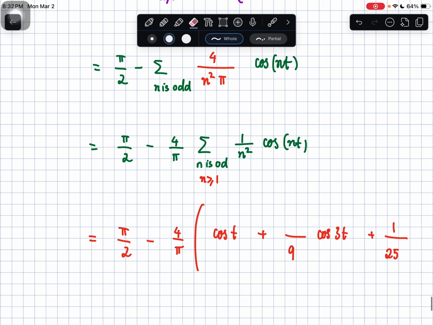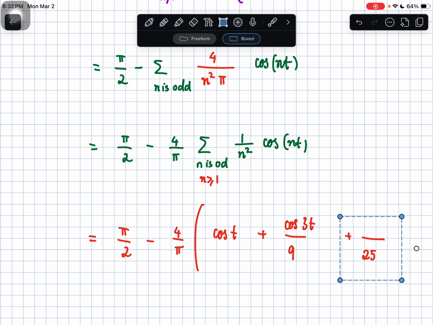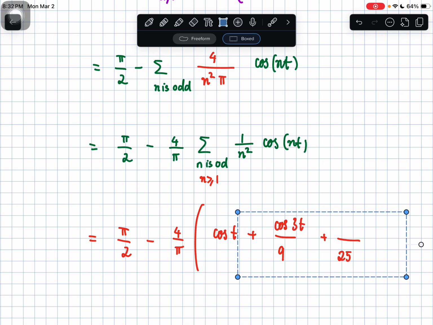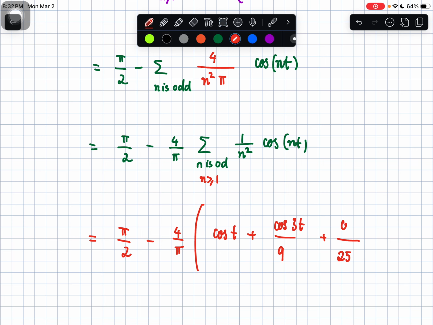To save space, I put it on top. 1 over 7 squared, cosine 7t, and so on. This is a Fourier series.